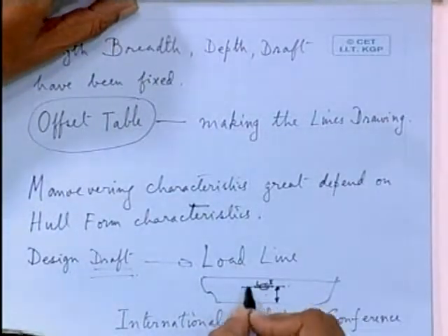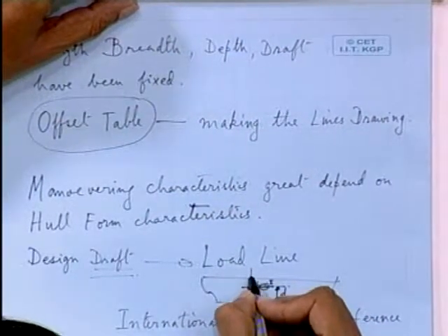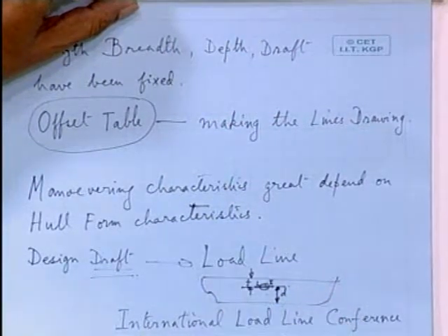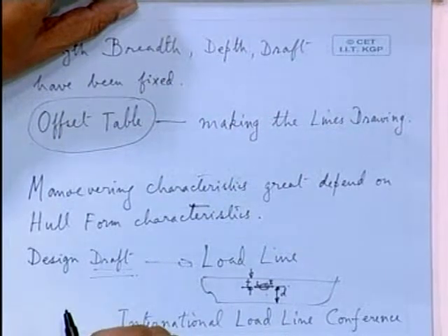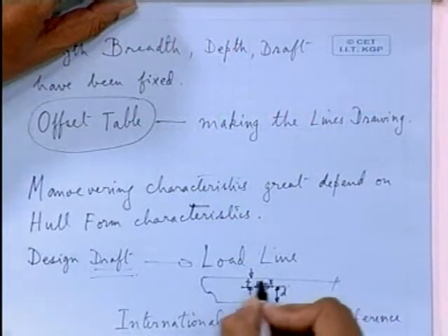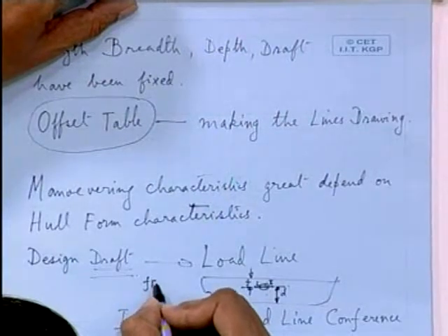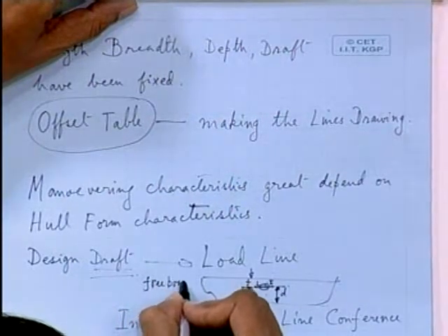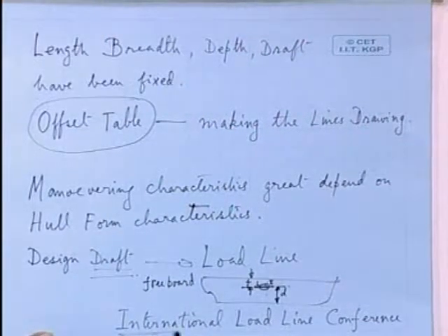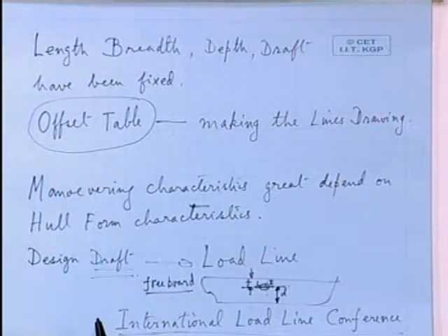The essence of this mark is that the immersion of the ship will be at a certain draft, and beyond the draft you will find a certain gap. This gap is not wetted by water. That is called the freeboard. So the International Load Line Conference gives you the amount of freeboard.